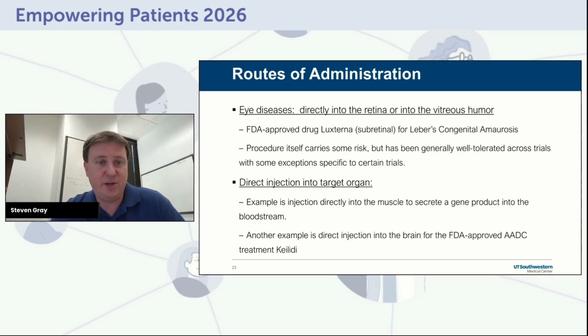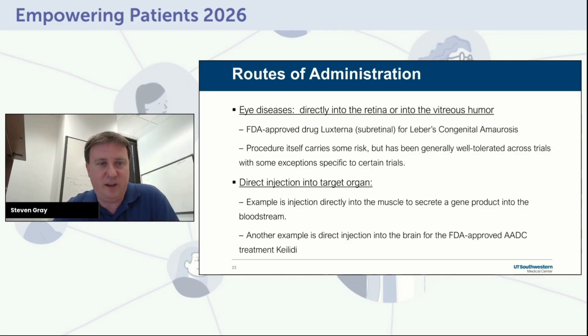Routes of administration, I'm just going to cover some basics here. For eye diseases, it's pretty standard now where you can directly inject the retina, or you can inject into the vitreous humor, which is the jelly in the middle of the eye. There are different times when you'd want to do one versus the other, but there is a precedent of an FDA-approved drug, Luxturna, that's injected subretinally for Leber's congenital amaurosis.